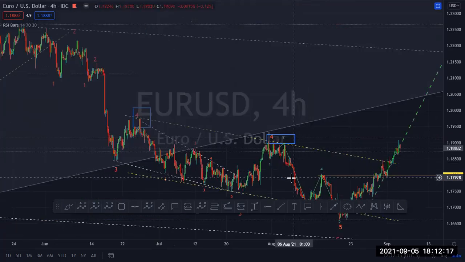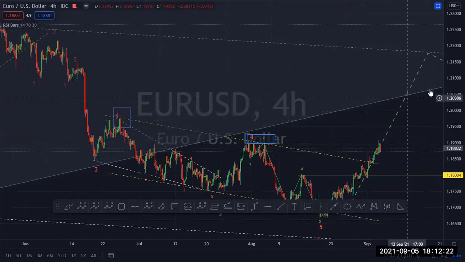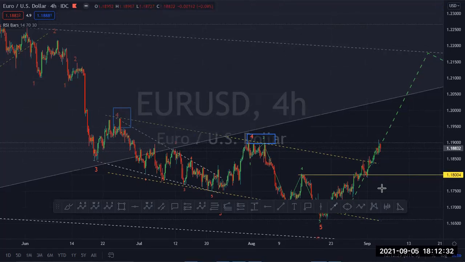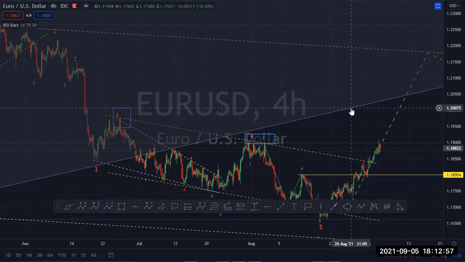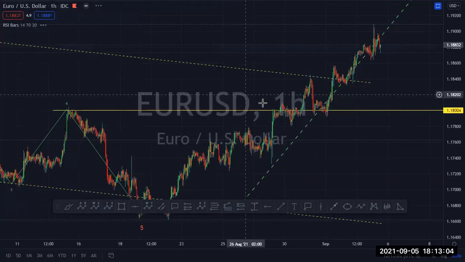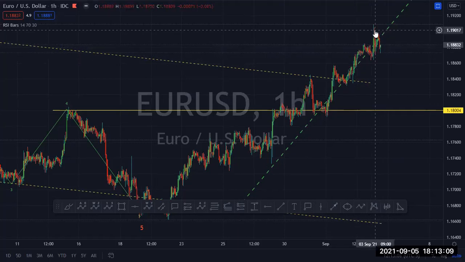You have to go down to the 1 hour chart and find your entry. So all you need to know is go down to the 1 hour chart and find your entry. As simple as that. Whenever you are buying USD, you'll be selling the dollar index. You can see it is the inverse of what is happening there.